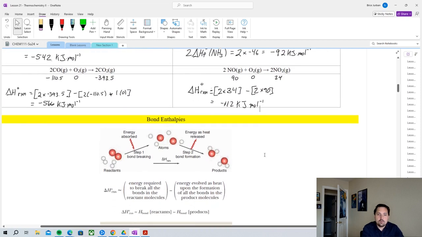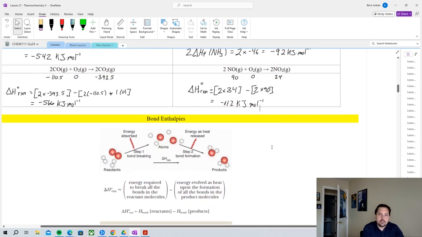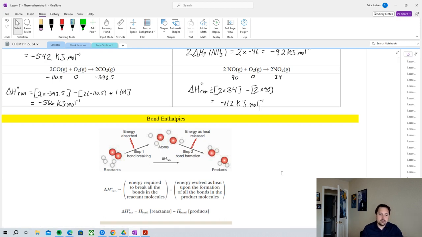All right, so now the next approach to calculating the enthalpy of a reaction is to make use of the bond enthalpies. And this is something that we're kind of familiar with already from all the atomic structure and molecular structure that we've learned. We know that there is some potential energy that's stored in the bond between two atoms.